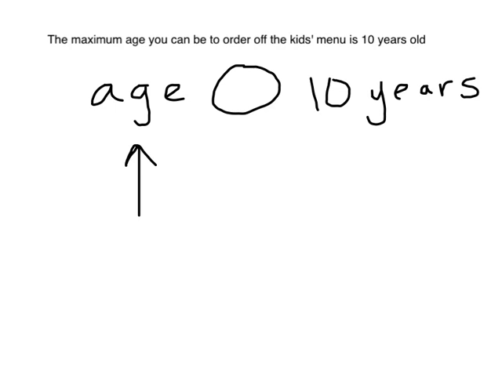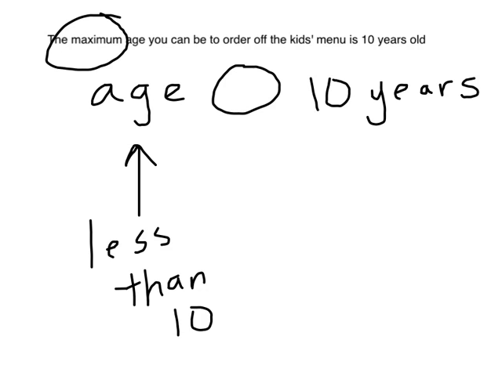I know that this needs to be less than 10 because it says maximum, and maximum means the oldest you can possibly be is 10 years old. So I want to compare the age, whatever the age is, to 10 years old.